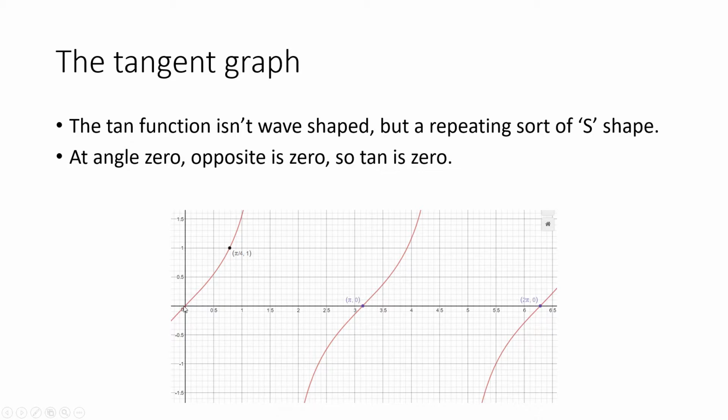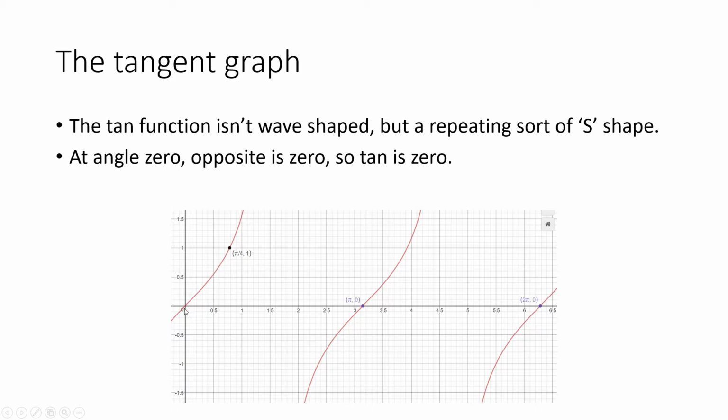And as we traverse the circle up the way, the x value gets smaller and the y value gets bigger. So it accelerates upwards very quickly. Well, not too quickly at first, but it gets quicker and quicker, basically.